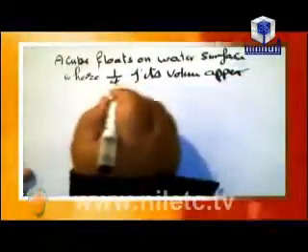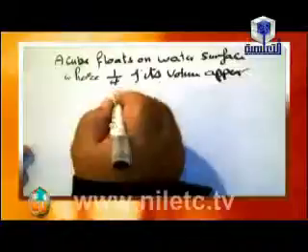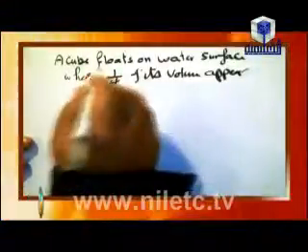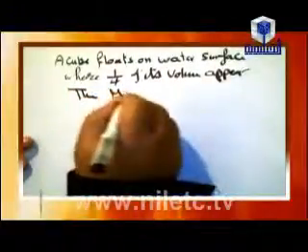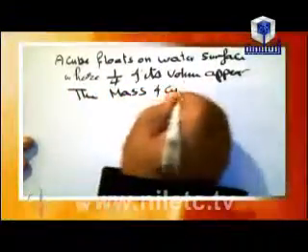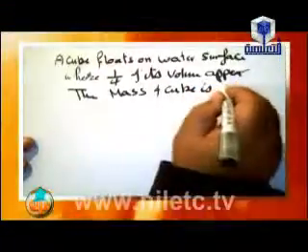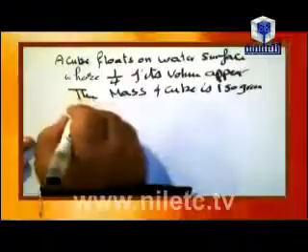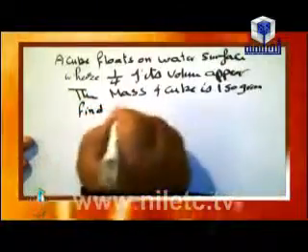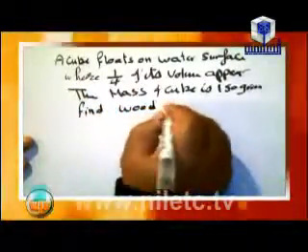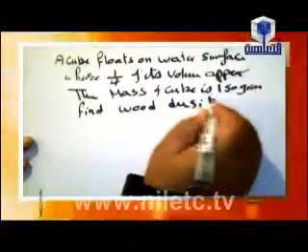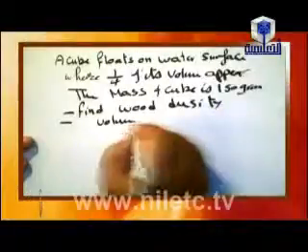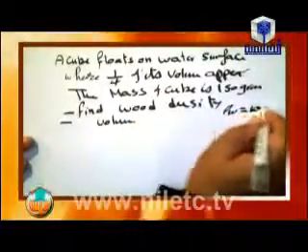Concentrate. 1/4 appears, so 3/4 of the volume is immersed. The mass of the cube is 150 gram. Find wood density and volume. We know that rho water equals 1000.